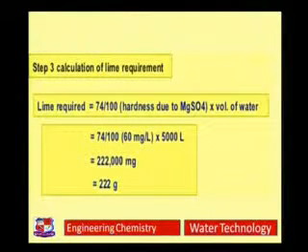And then lime requirement would be 74 by 100 into hardness due to MgSO4 in terms of CaCO3 into volume of water, and the amount given is 222 gram of lime required for softening of hard water.